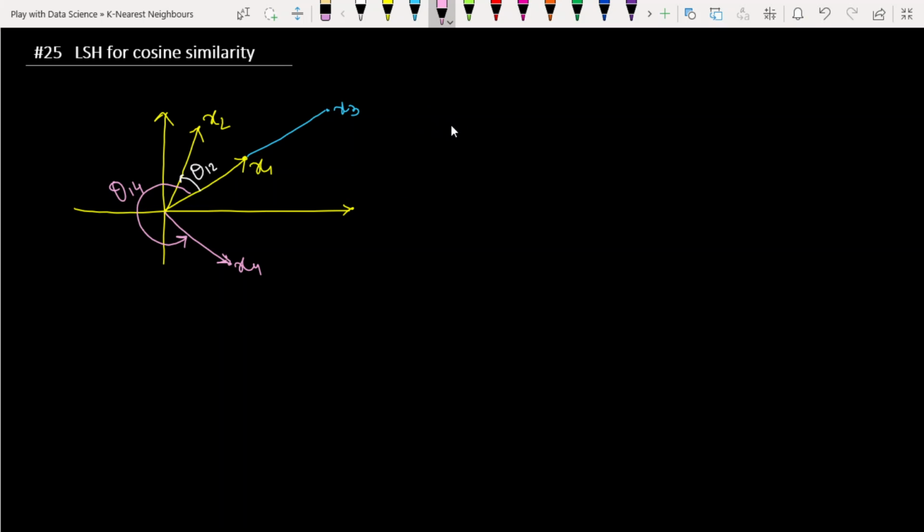So the cosine similarity of x1 and x2 is simply cos of theta 1 2.